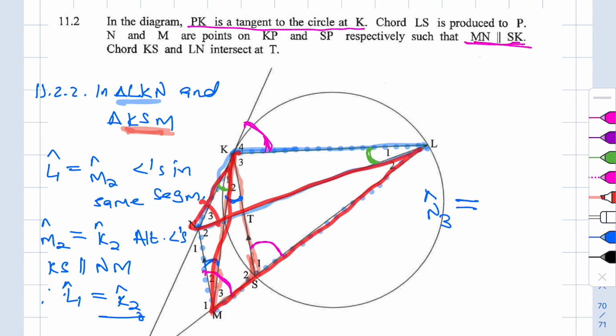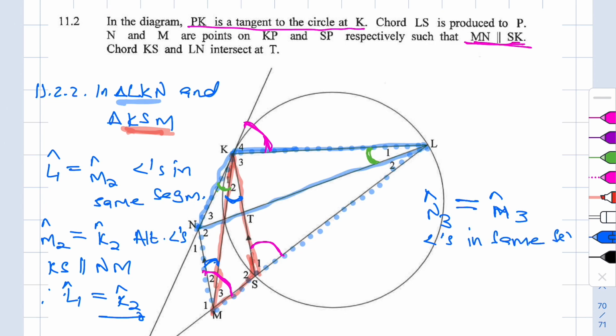So angle N3 is equal to angle M3. Again, it's angles in the same segment.